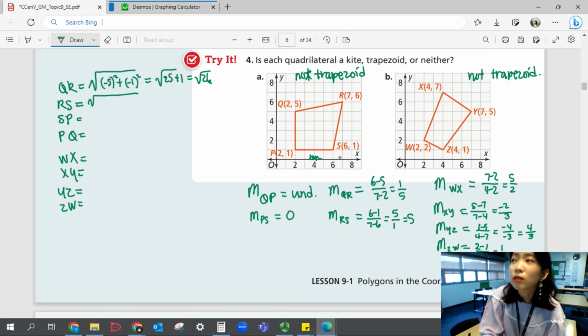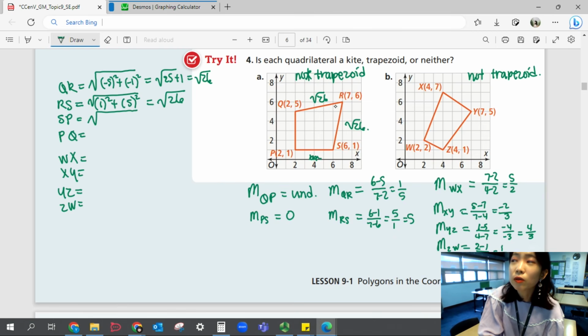It doesn't matter which one you choose first, as long as you have the orders right. So 7 minus 6, 1 squared, plus 6 minus 1, 5 squared. So 1 plus 25, that's also square root 26. And then, let's see, SP.